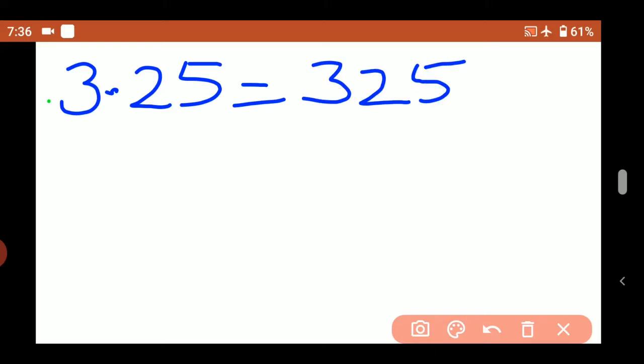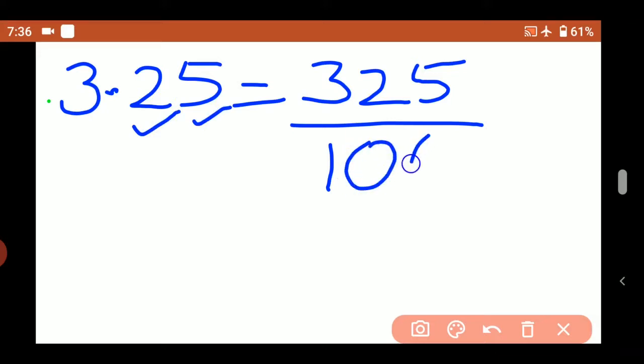So we did not write the decimal point, we simply wrote all other numbers without the decimal point. Now 1 and how many zeros? Number of decimal places will tell you the number of zeros. So you will not count the 3. After the decimal point, how many digits are there? That will be your decimal places. That many zeros. So 2 decimal places, 2 zeros.